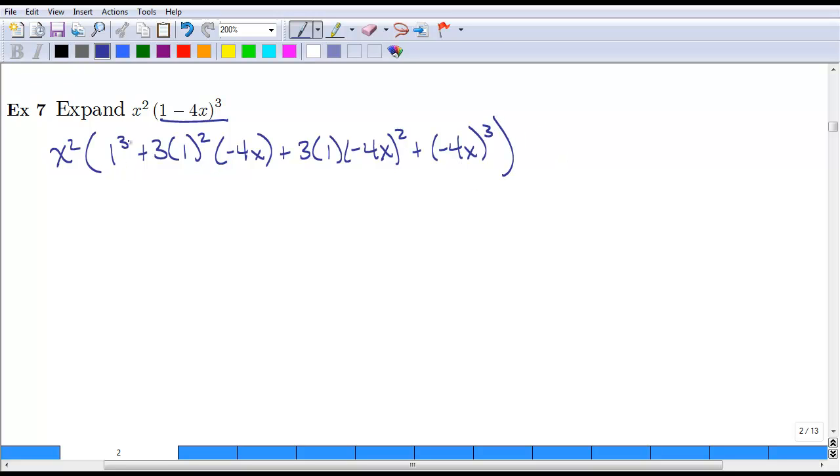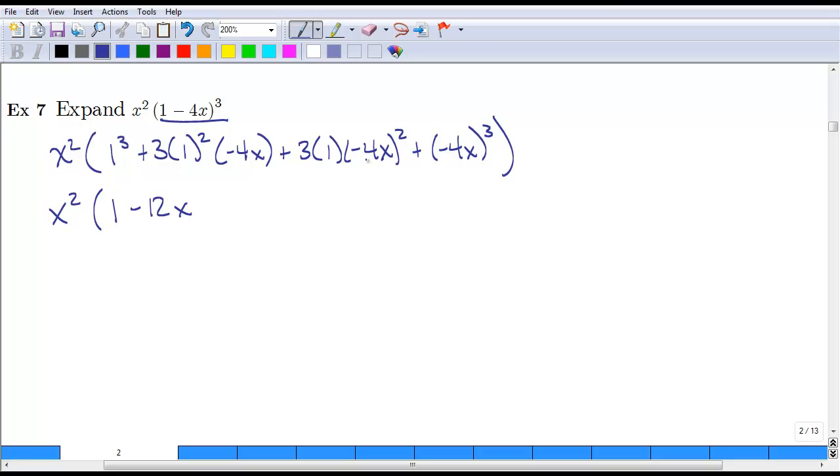So again, we're just using that formula, first one cubed, then 3 times the first one squared times the second, plus 3 times the first one times the second one squared, plus the second one cubed. So again, the x squared just comes down until we get to the point where we can multiply it through. 1 cubed is 1. In this case, 1 squared is 1 times 3 times negative 4 is negative 12x.